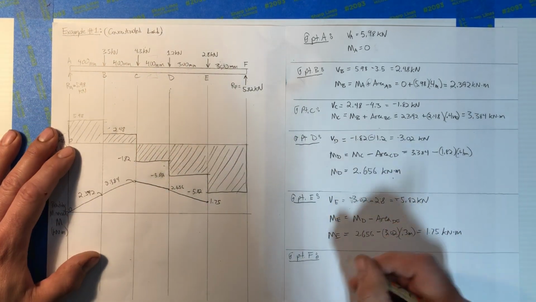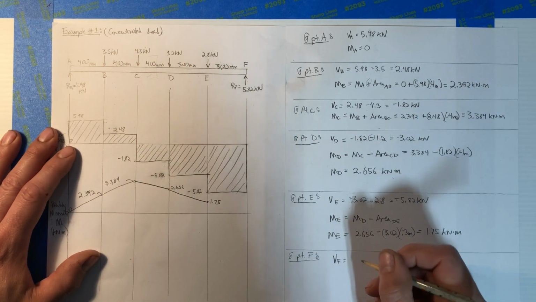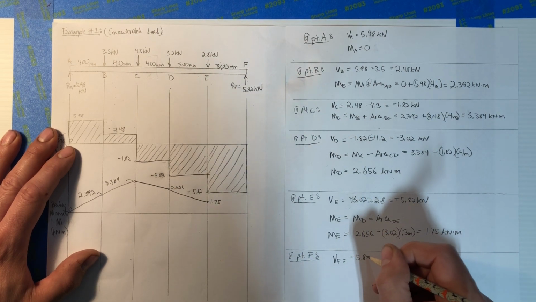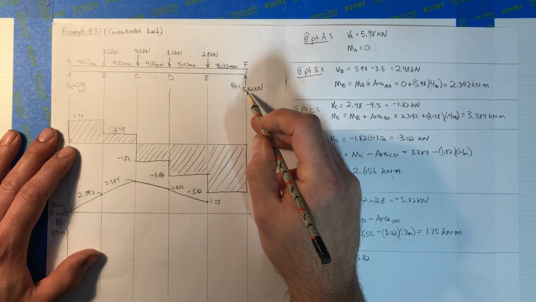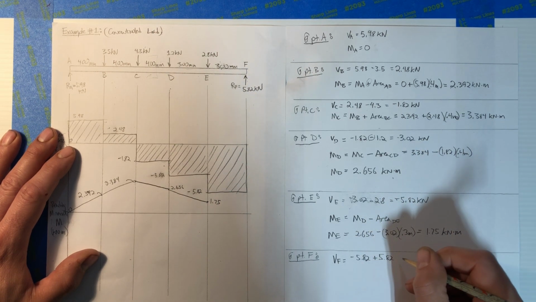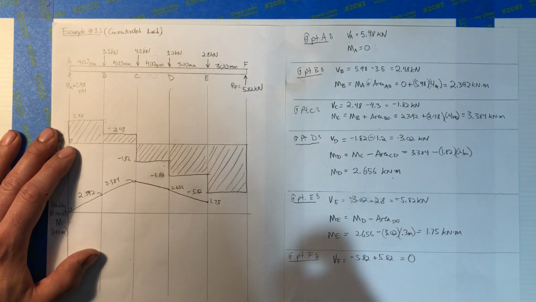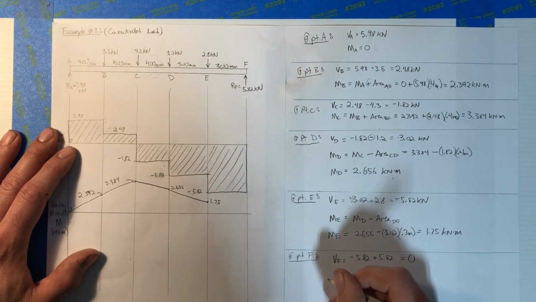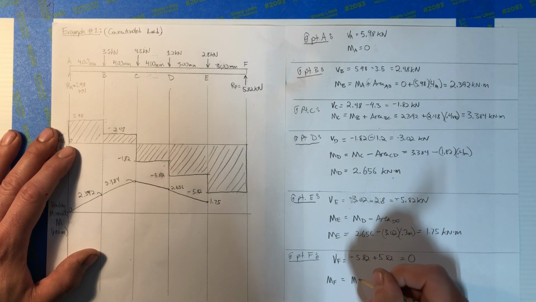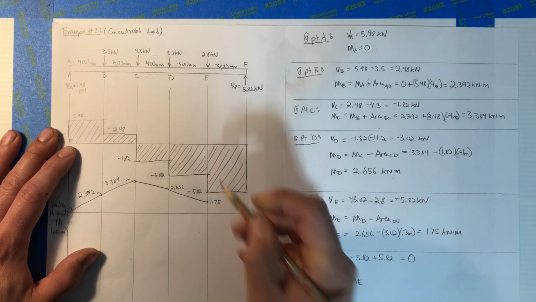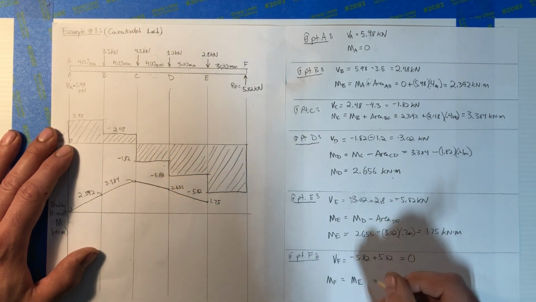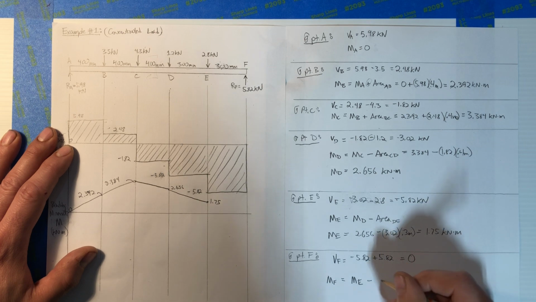Last point, point F. VF is equal to my old shear value, which was VE, which is minus 5.82, right? And I'm going to go up now, plus 5.82, right? And I better get zero, so that's true, that closes up the curve. My MF is equal to my old moment, ME, right? Once again, this area is below the axis, so that's going to be minus area EF.